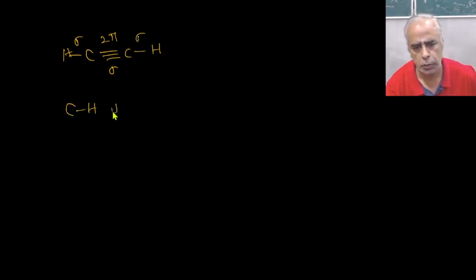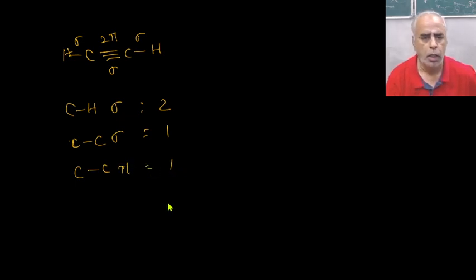CH sigma bonds, how many? 2. CC sigma bond, how many? 1. And CC pi bond is equal to 2. Okay, right. So this is called ethyne.